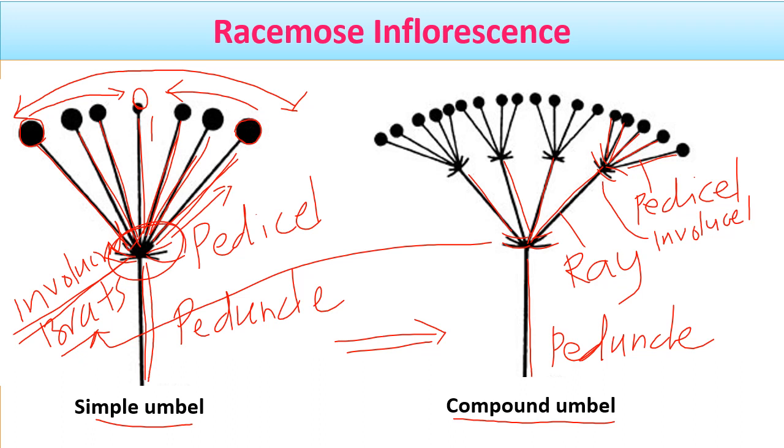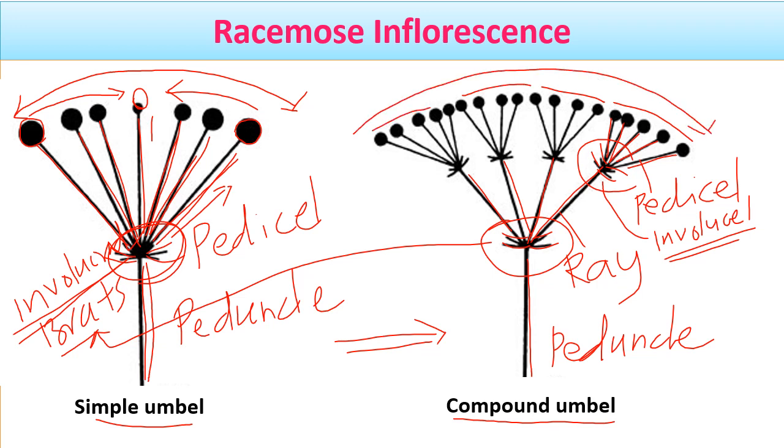Here many flowers are there, with many branches, again looking like an umbrella, and hence this is called an umbel. But as it is a branched structure, it is called compound umbel type of inflorescence.